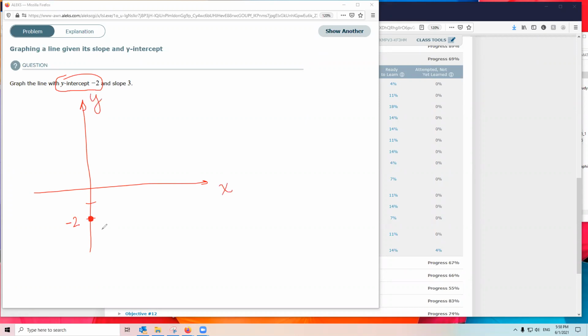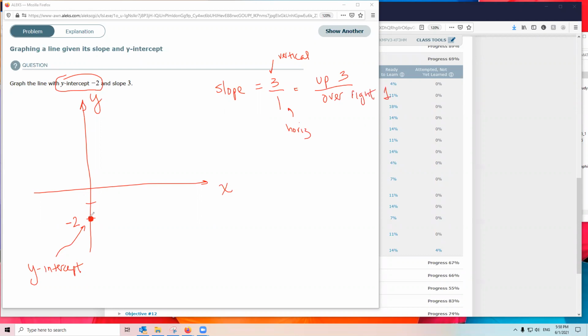So I can immediately put that red dot there to represent the y-intercept of -2. Let me take the slope. The slope they're telling me is 3. But I like to write slope as a fraction, so I'm going to write it as 3/1. Remember, the top number is the vertical distance to go, and the bottom number is the horizontal distance to go. So really, the slope is telling me go up 3 and over to the right 1.